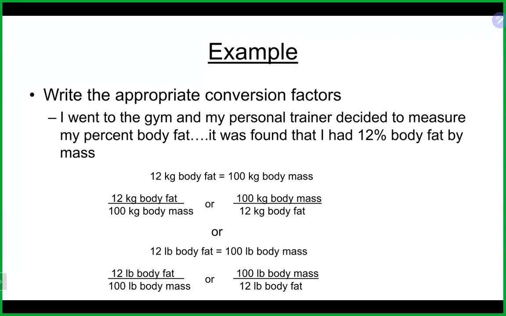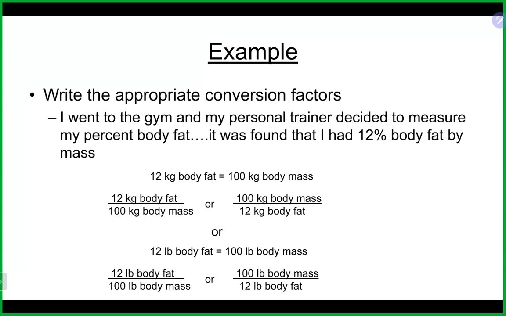If you assume 100 of something, it pretty much keeps it the same number as the percentage, which makes the math a lot easier. You can really assume as much as you want, but 100 keeps everything the same. So for example, fat per mass, we could do the old metric system there: 12 kilograms of body fat over 100 kilograms of body mass, or 100 kilograms of body mass over 12 kilograms of body fat. We could also do more of an English conversion: 12 pounds over 100 pounds of body mass, or in 100 pounds of body mass, there is 12 pounds of body fat.